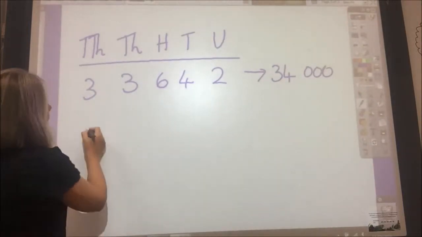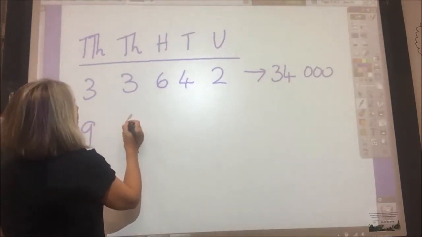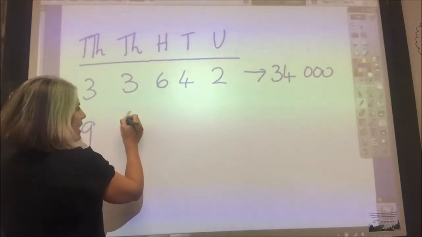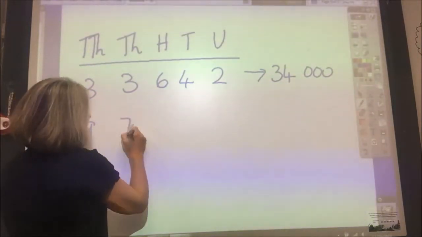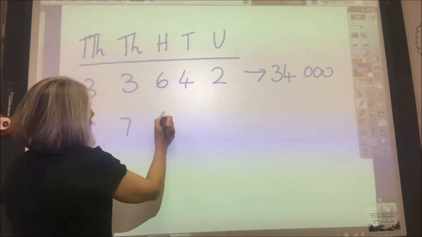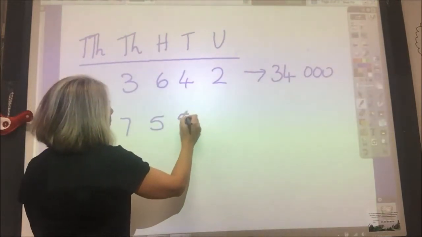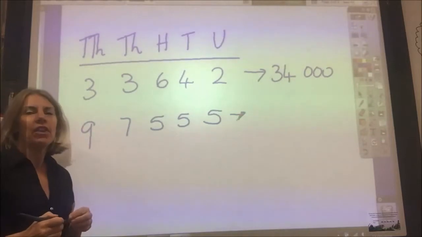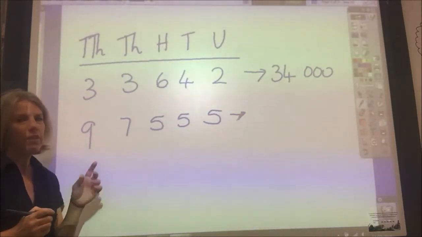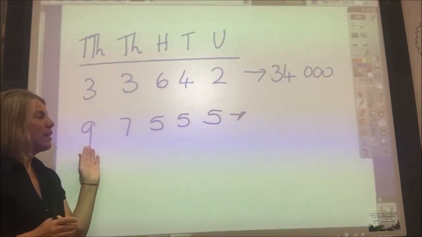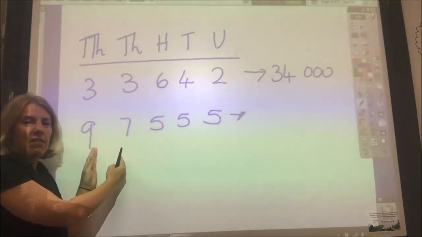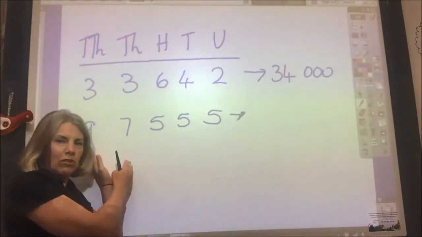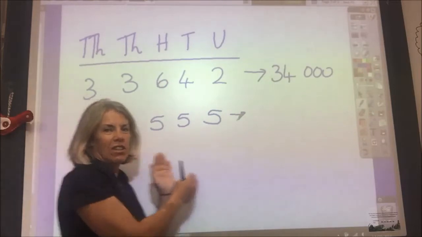Let's do one more. Let's say 97,555. Oh, I love that number. We're saying, is this number nearer to 97,000? Oh, I've popped out of shot there. I'll turn around.